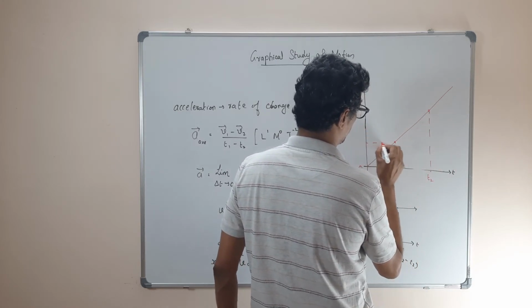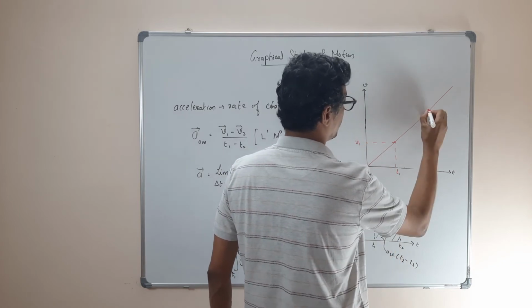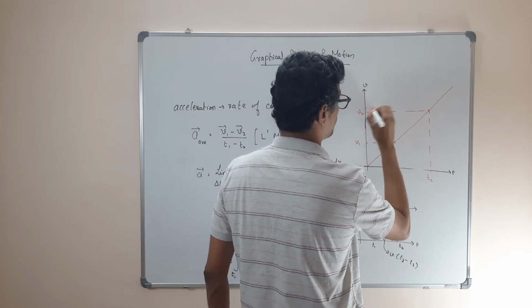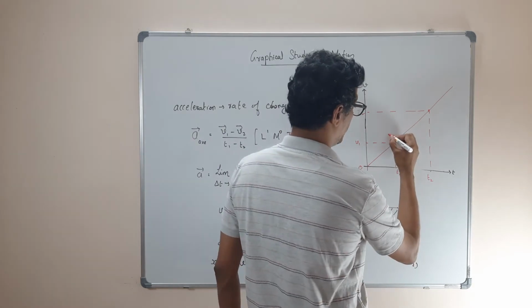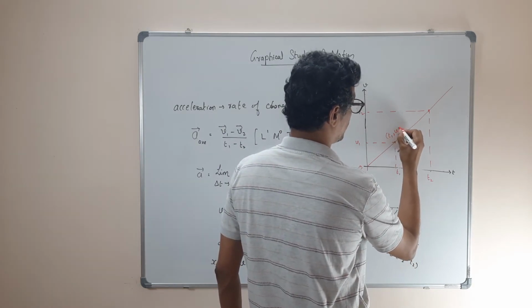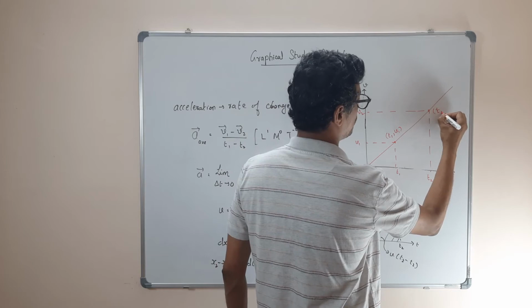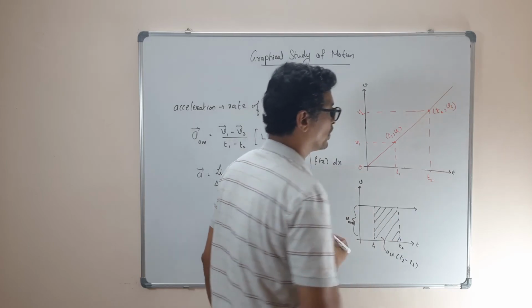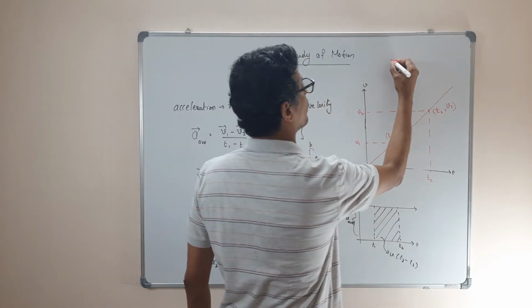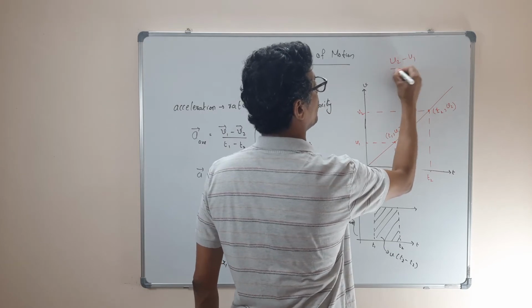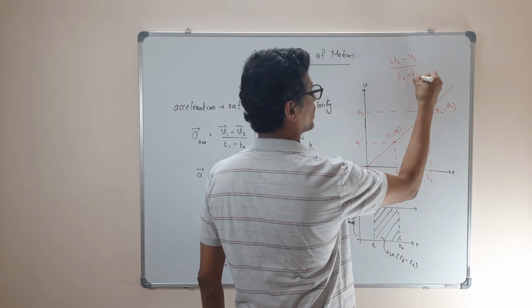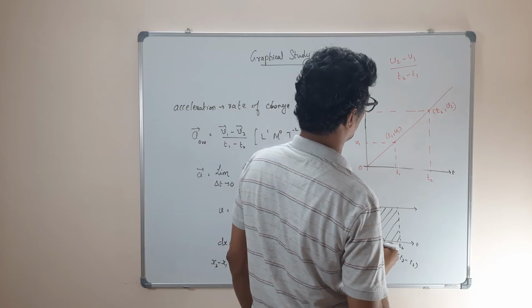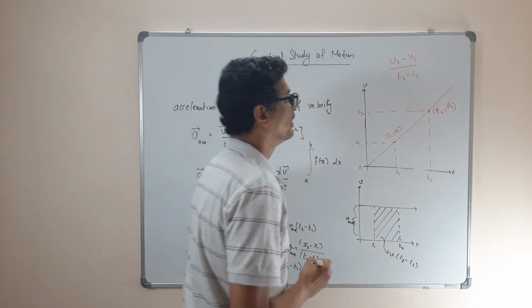Let this be V1 and this be V2. This point is T1 comma V1, T2 comma V2. Tell me what is the slope: V2 minus V1 divided by T2 minus T1. Correct?